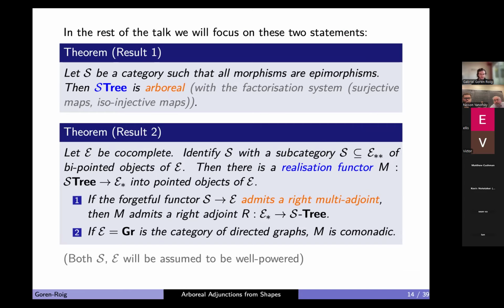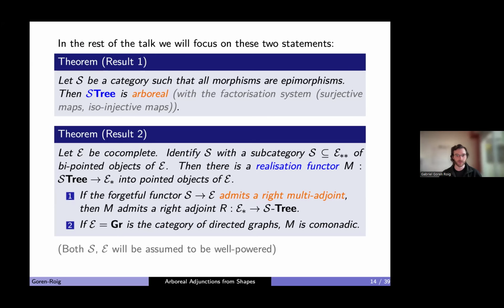And if that is the case, then we can obtain a right adjoint R, which does something like what I showed you before, where you get a tree labeled by the shapes that you can map into the original object. And then there's the question, well, we do get a comonad, but do we know that comonad really well? Do we know the coalgebras of that comonad?